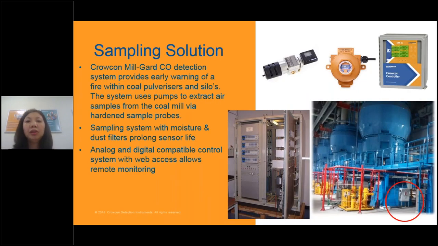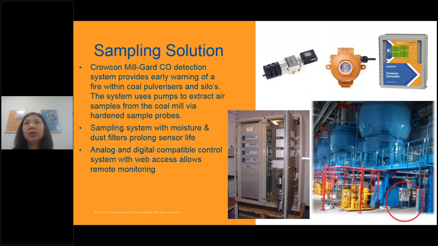So we talk about taking readings of flammable gases, methane, CO, and O2, and they are scattered around the plants. There are many sampling points. What if we can pull the sampling into one centralized cabinet? So you don't have many sample points, you don't have to maintain a large number of detectors, and the sample is treated.